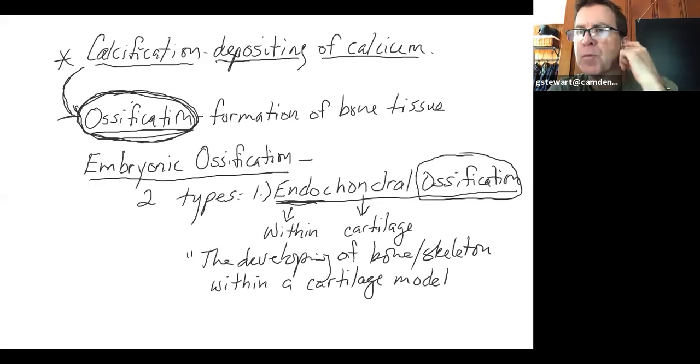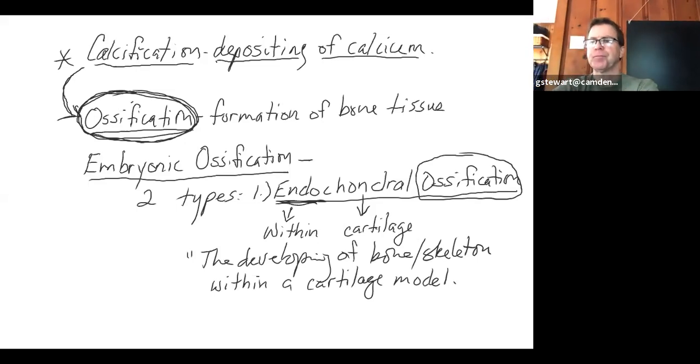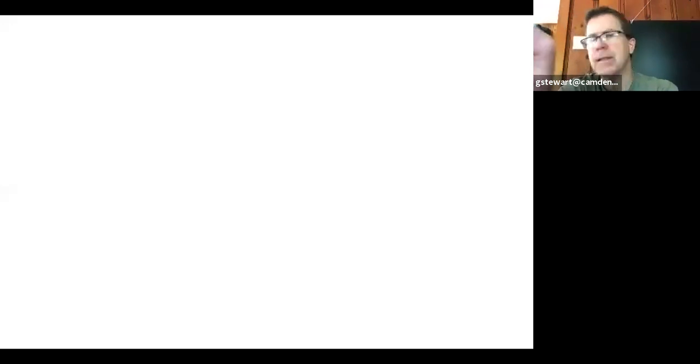I'll describe this process now on my next whiteboard, okay? So I'm just going to delete this one and move on. And I'm just going to give you a few details about endochondral ossification.